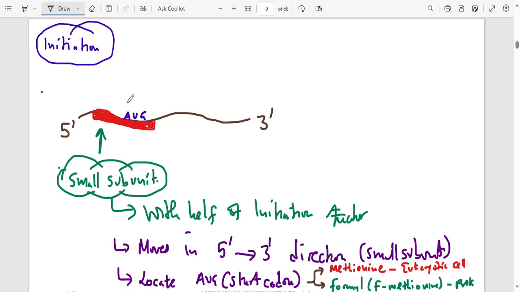Who remembers? What does A pair up with? Okay, so A pairs up with U. U pairs up with A. Okay, and then G pairs up with C.